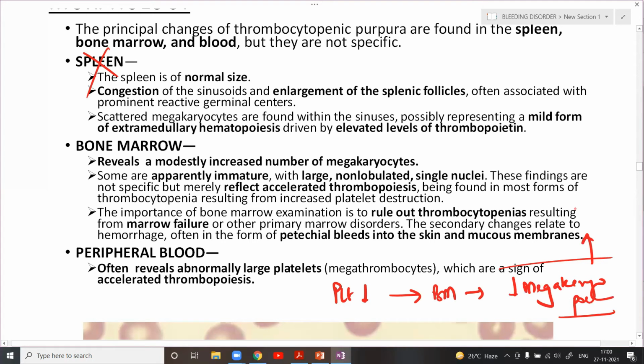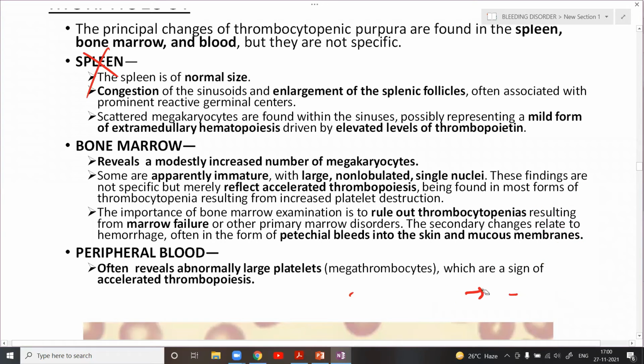Decreased megakaryopoiesis is indicating that there is a bone marrow failure. There is some problem at the level of the bone marrow. So we have to differentiate whether the problem is lying at the level of the bone marrow or there's a problem in the body itself. Okay, so is this understood to everyone? Very clear? Okay.